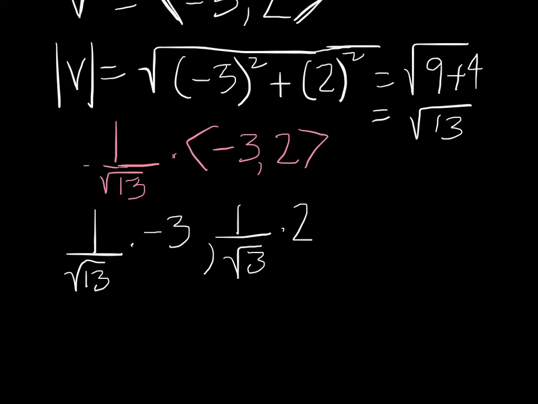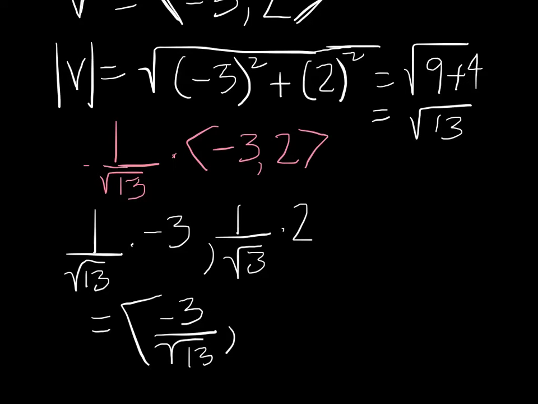To write the unit vector in component form, we're multiplying fractions, I remind you. 1 over the square root of 13, this is a fraction, so you multiply the numerators: 1 times -3 is -3. You multiply the denominators. The denominator of -3 is 1, so the square root of 13 times 1 is the square root of 13.